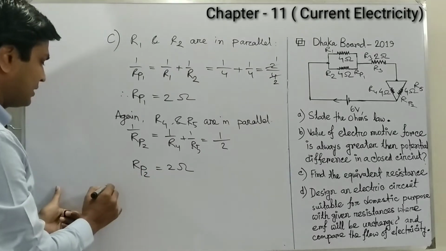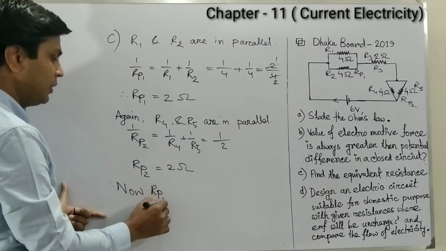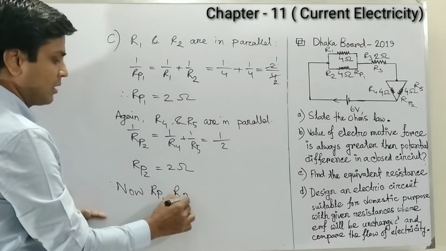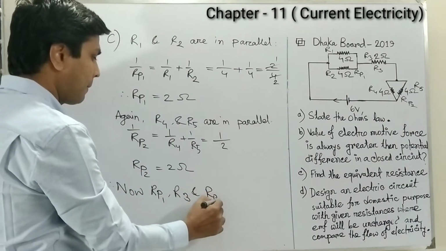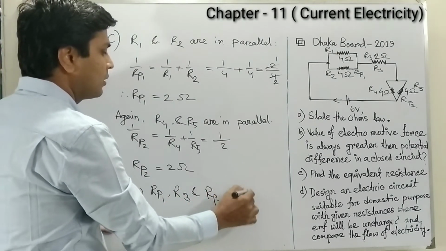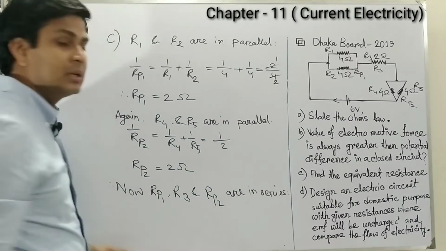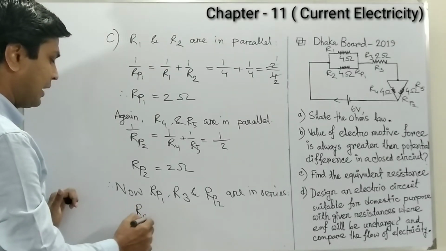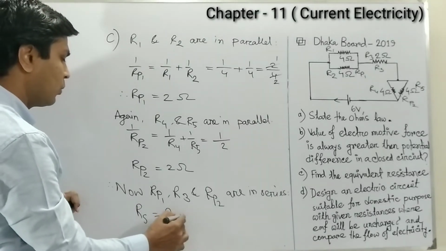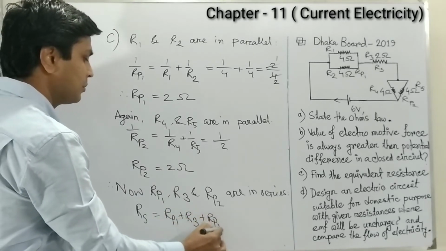So we can write now RP1, R3 and RP2 are in series, and we know to calculate the equivalent resistance in a series circuit, the formula is RS equals Rp1 plus R3 plus Rp2.